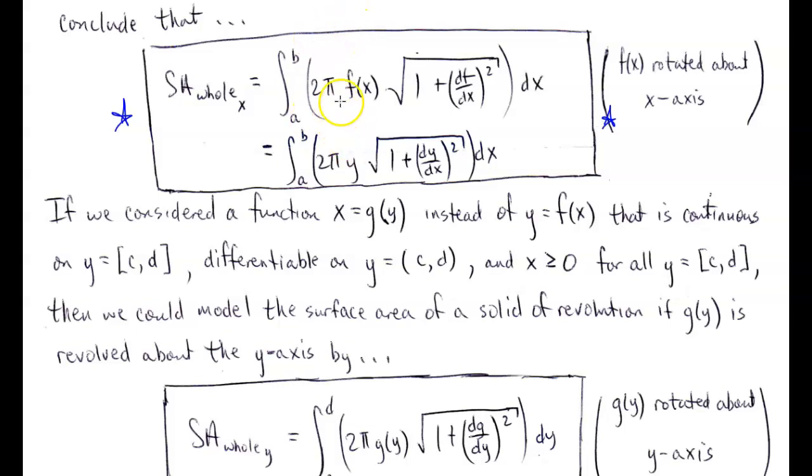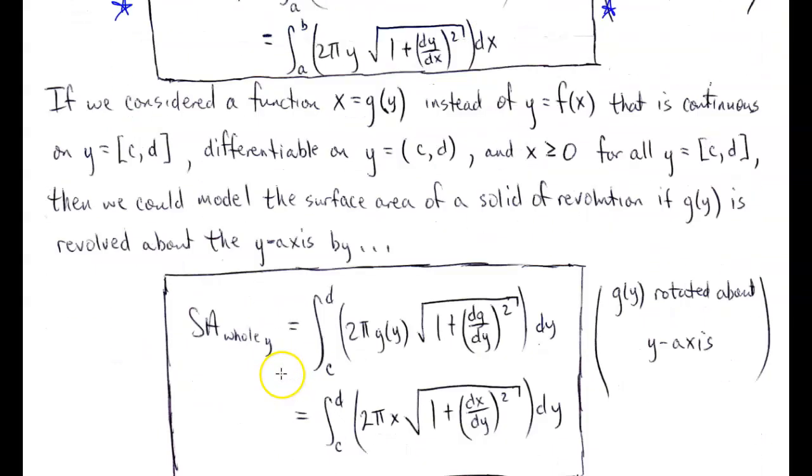And so this would end up being our formula: 2 pi times that function, square root of 1 plus the derivative of the function squared, all that multiplied by dx, and of course a definite integral from a to b. And if we think of f of x as being a y value, then we could think about it as 2 pi y square root of 1 plus dy over dx squared.